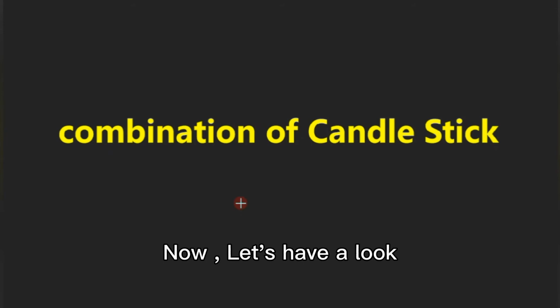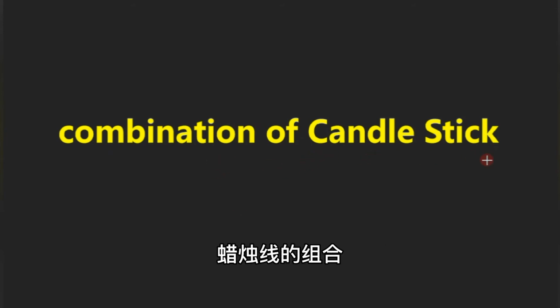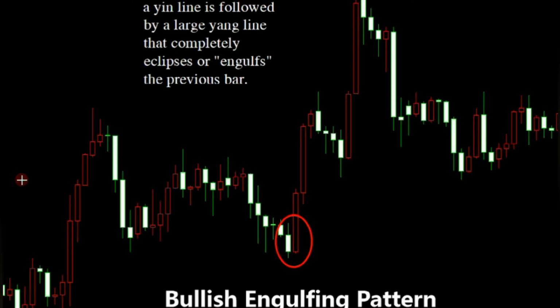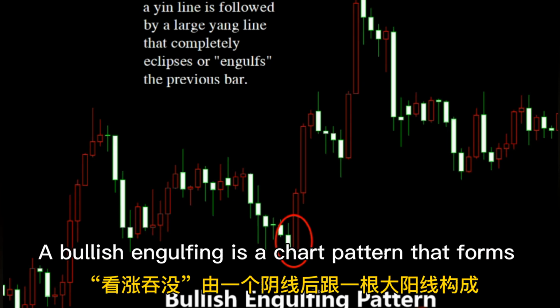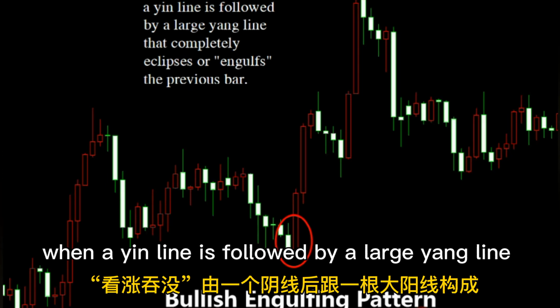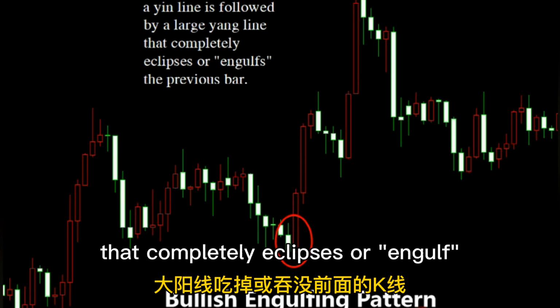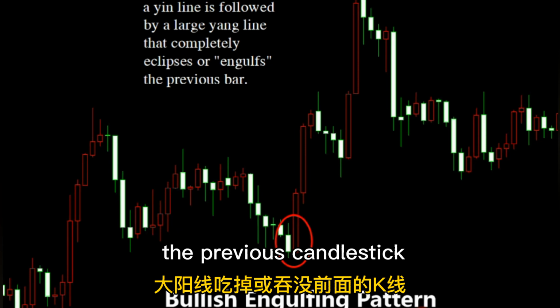Now, let's have a look at combinations of candlesticks. Bullish engulfing pattern. A bullish engulfing is a chart pattern that forms when a yin line is followed by a large yang line that completely eclipses or engulfs the previous candlestick.